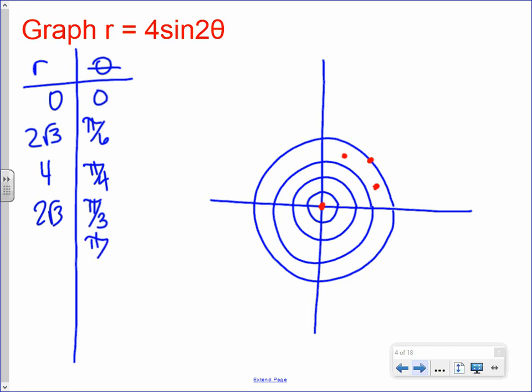And at pi over 2, we're back to 0. So what's happening is we keep rotating and finding r values. Here we are going to have flowers. What you're going to find happening next is when we go to 5 pi over 6, we're going to get negative 2 radical 3.